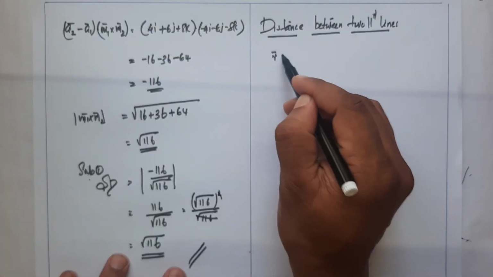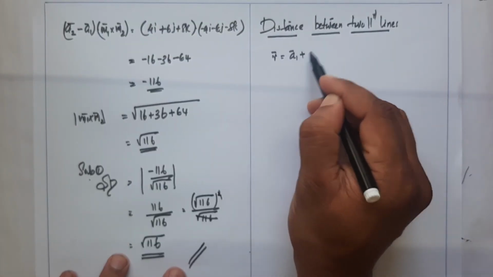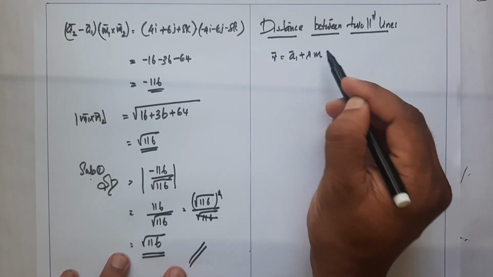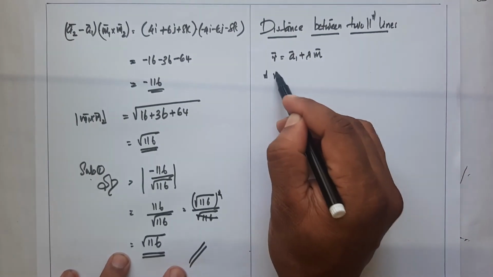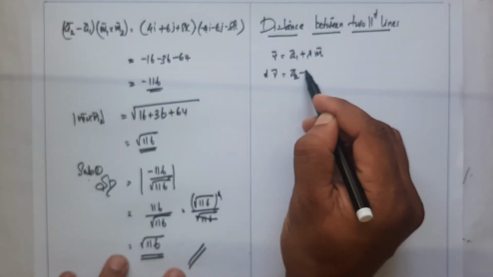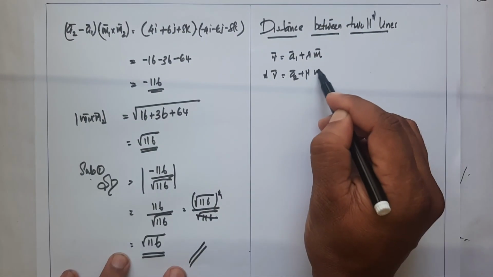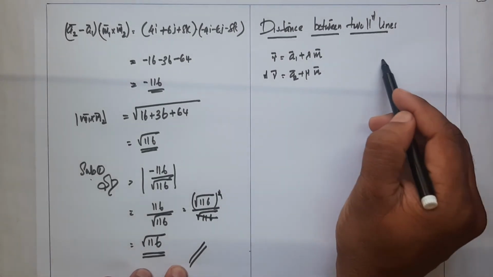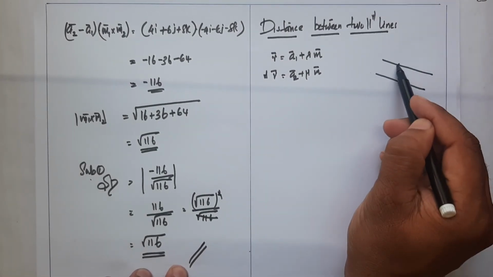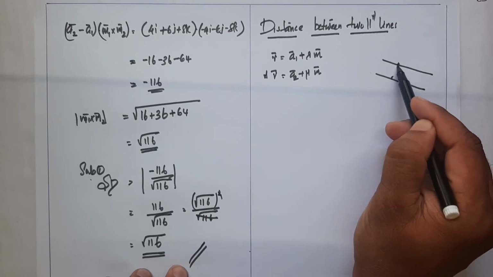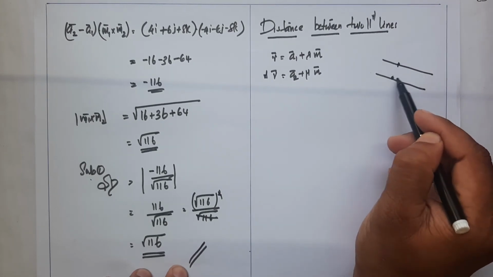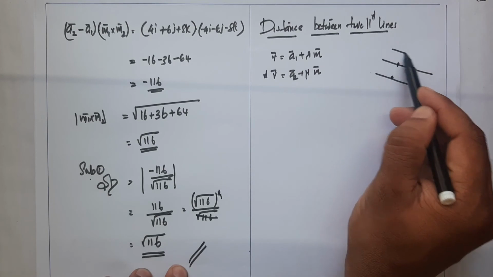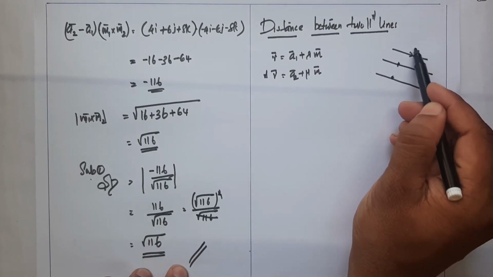One line is vector r = a1 + lambda m, and the second line is r = a2 + mu m. Here the lines' parallel vectors are the same, so these two lines are parallel, and their passing points are different. The first point has position vector a1, the second point has position vector a2, and the lines are parallel to the common vector m.